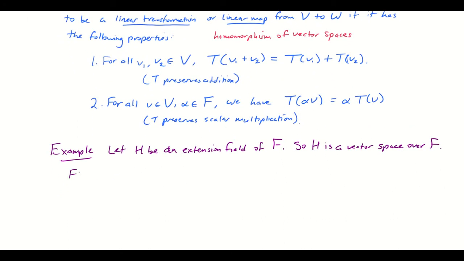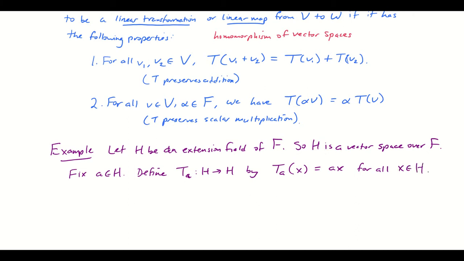First, let's fix an element A of H. We're going to define a linear transformation, T sub A, from H to itself by T sub A of X equals A times X for all X in H.